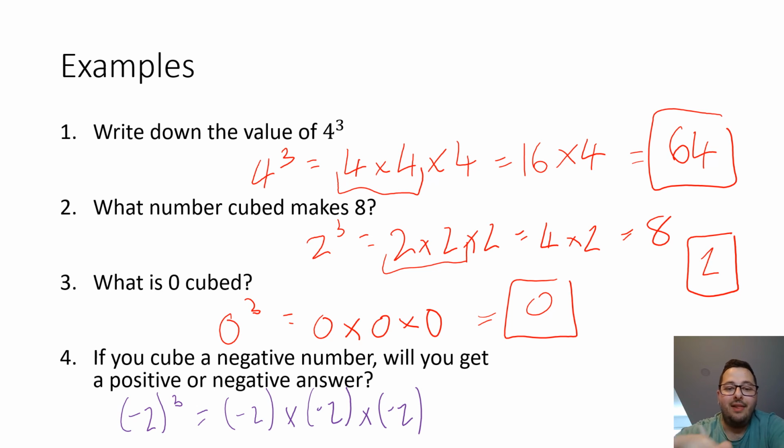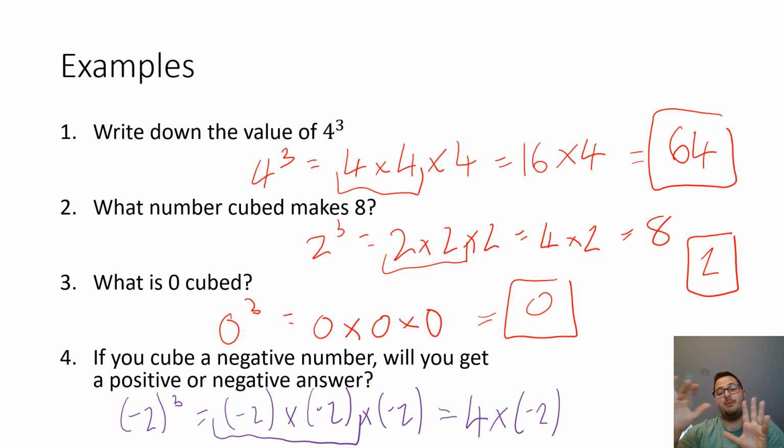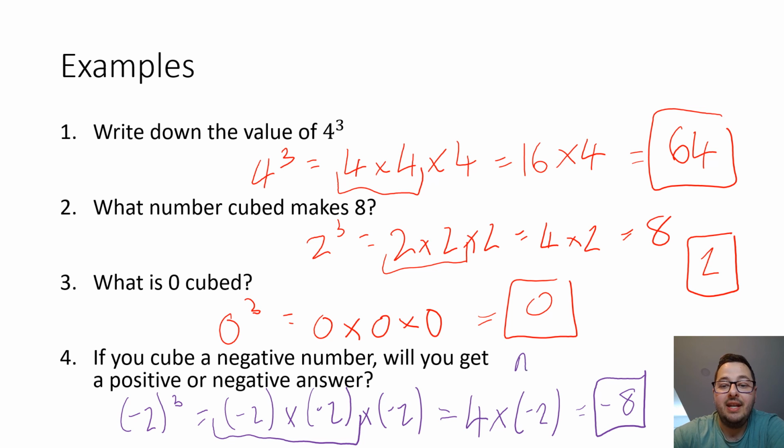Okay, well, again, let's just do 2 of them together first, and we remember that 2 negatives make a plus. So that minus 2 times minus 2 is going to make plus 4. And then 4 times minus 2, a plus times a minus, again, we'll do this again in another video, but a plus times a minus gives a minus, so you're going to get minus 8. Okay, so if you cube a negative number, the answer will be negative.